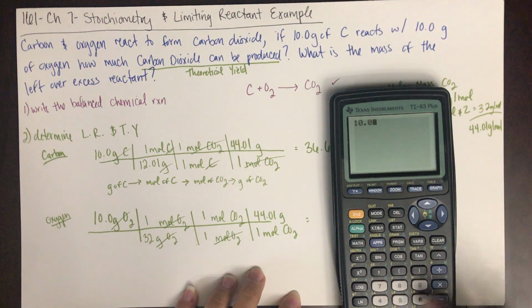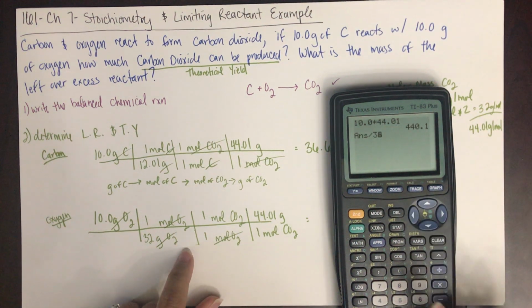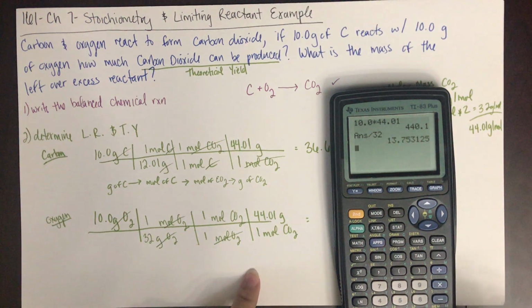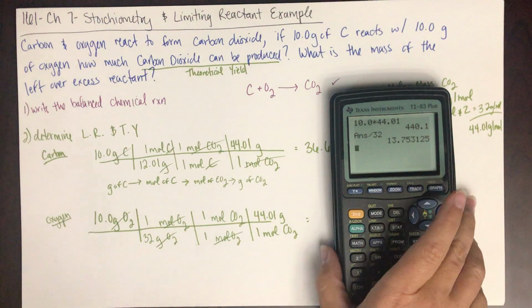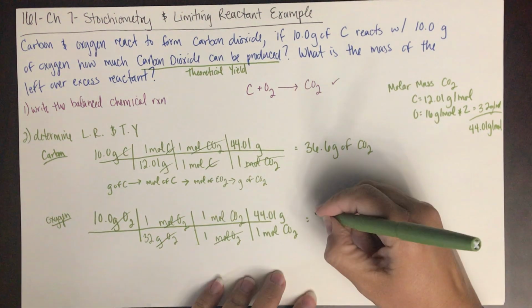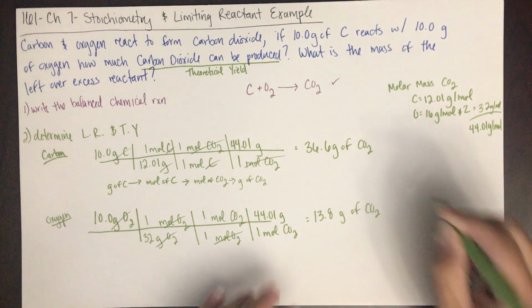So I'm going to say 10.0 times 1 times 1 times 44.01 divided by 32 times 1 times 1. It's about 13.75. With 3 significant figures, it's going to be 13.8 grams of carbon dioxide.